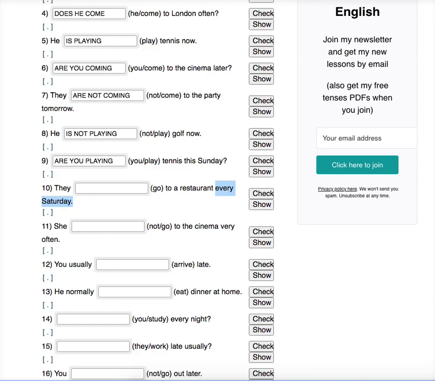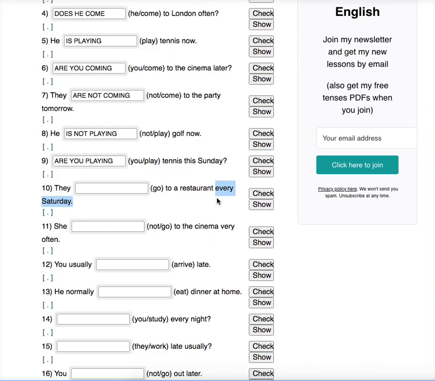Let's wait for Sophie. Perfect, ya volvió. Sophie, are you there? Yes, Miss, I can see your screen. Okay. So, Princess, this one, you have go to a restaurant, but you have this every Saturday. Is this simple or continuous?